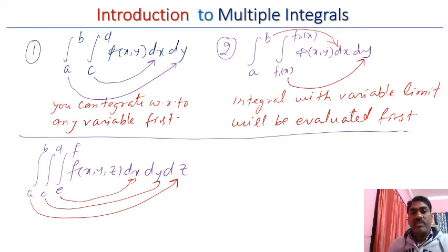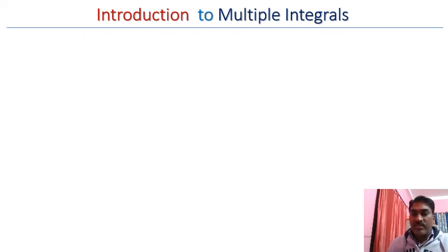Again, if variable limits occur, the limits will be taken as we discussed here.